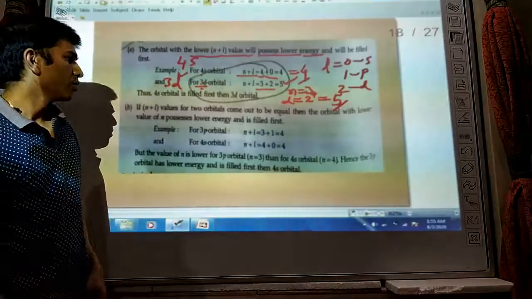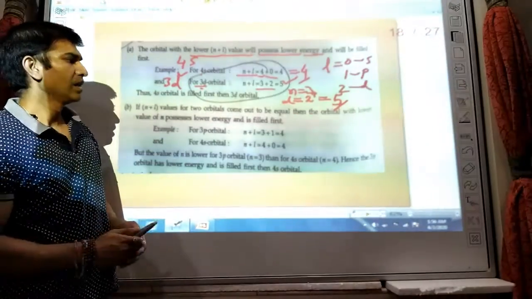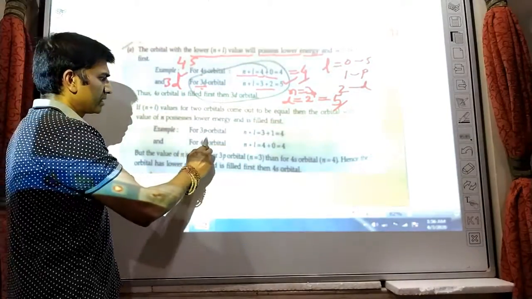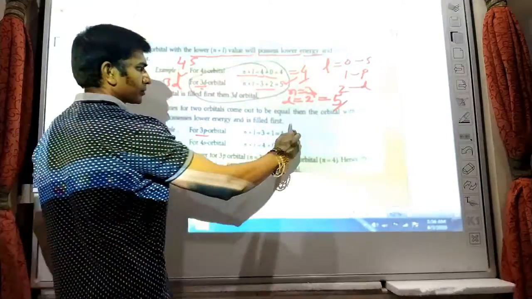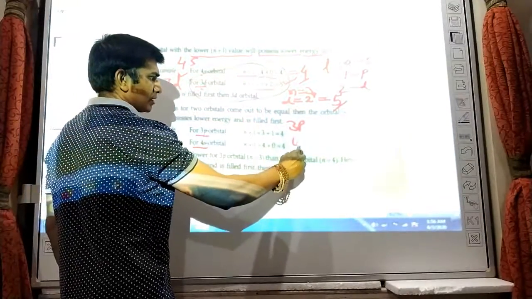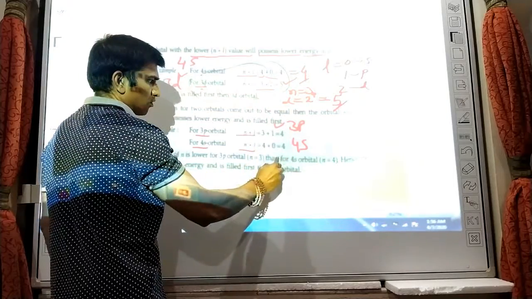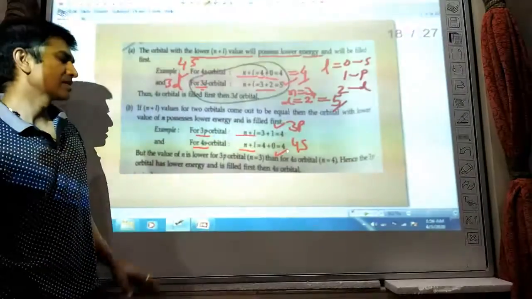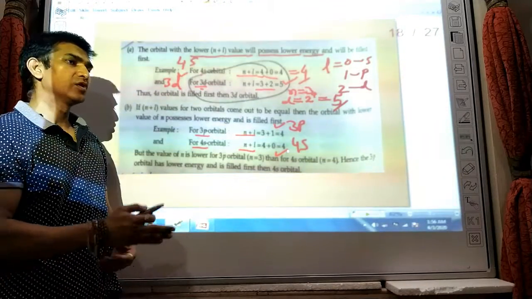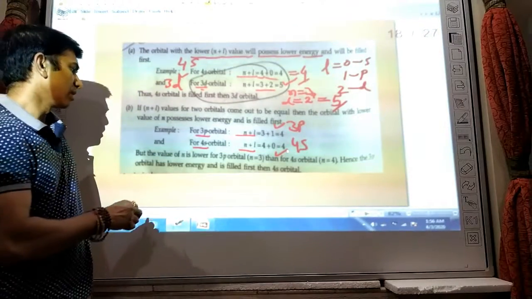In the case of the Bohr-Bury rule, when the value of n plus l is the same for different orbitals, for example here it is the 3p orbital and here it is the 4s orbital, the n plus l value is 4 in both cases. In such situations, the orbital with the lower principal quantum number is considered to have lower energy.